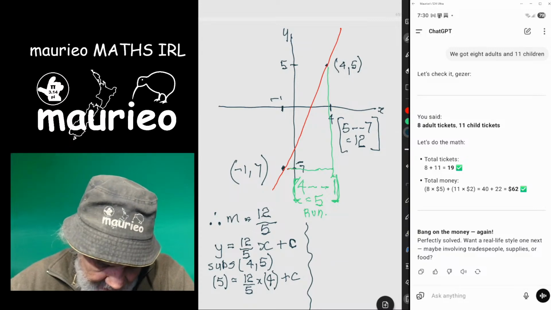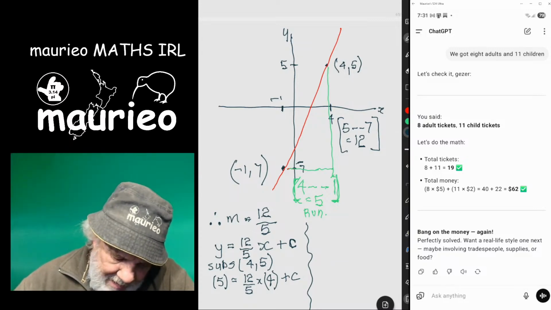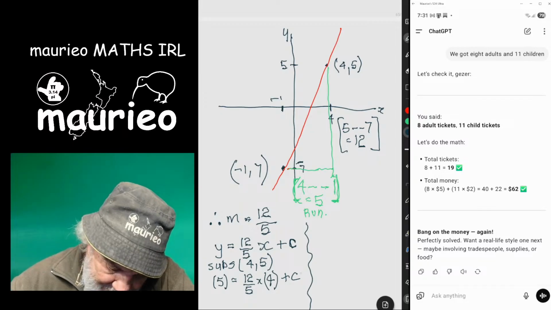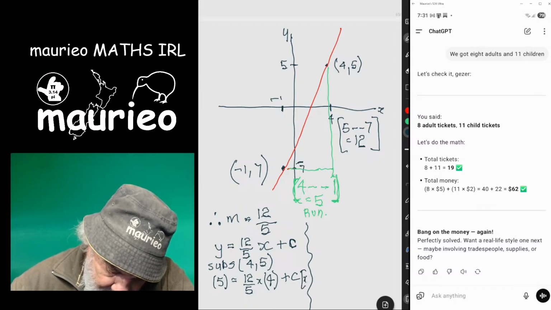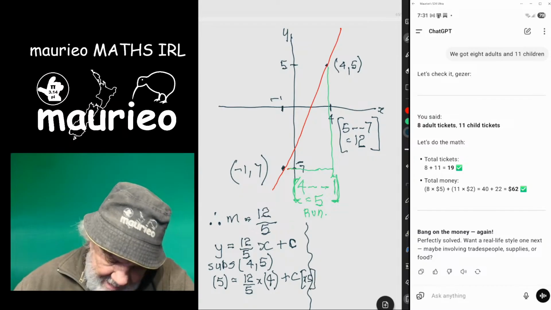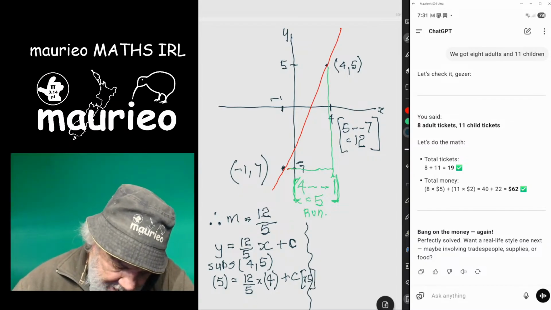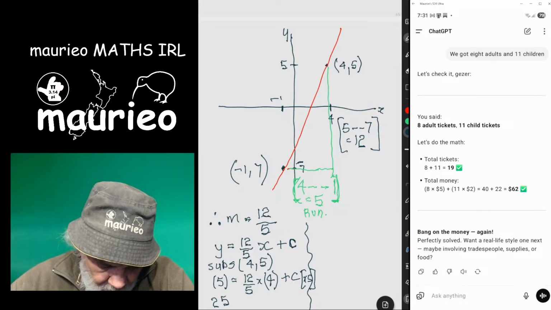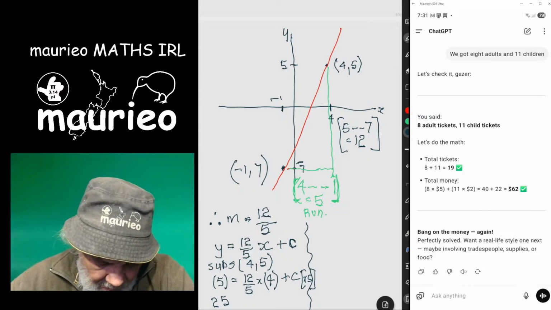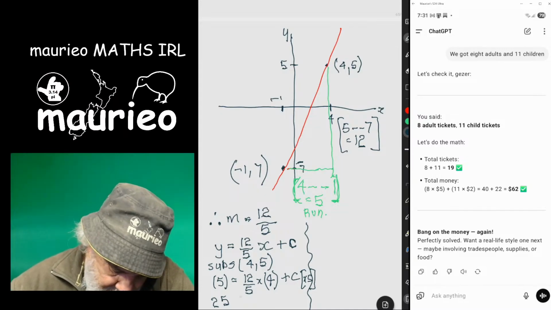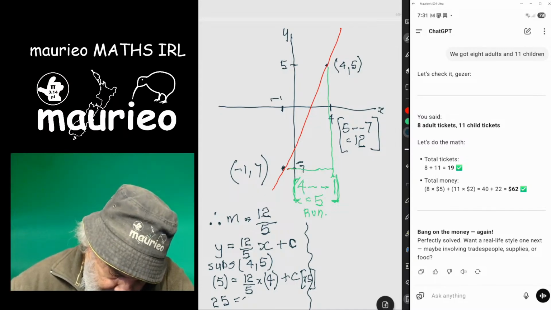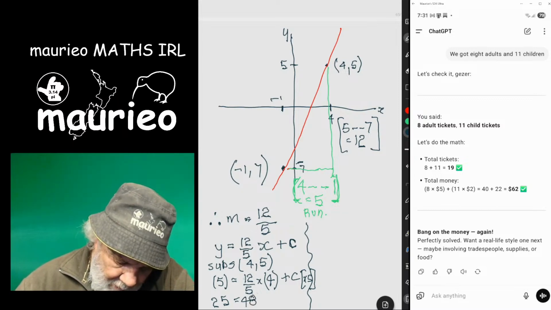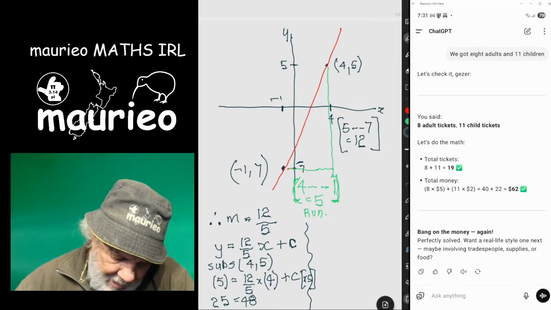C is the unknown. So if we multiply everything by 5, and I mean everything, we're going to get 5 times 5 is 25 equals 48. 12 times 4 is 48 over 5.